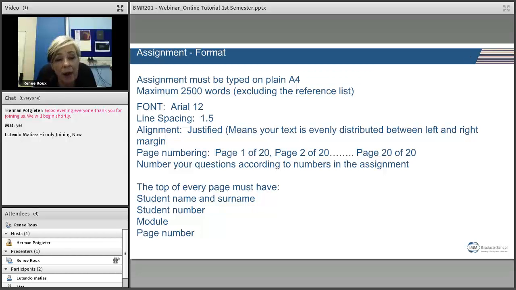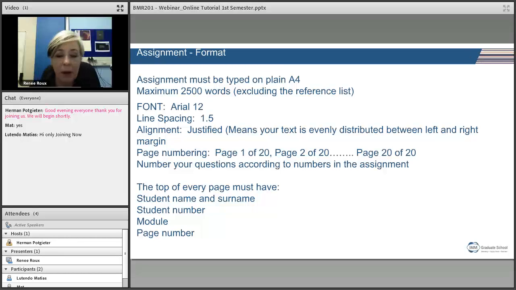Now, the 2,500 words is the ideal, and you have to keep in mind if your assignment is longer than 2,500 words, whoever marks your assignment has the right to stop marking at the end of 2,500 words. So try and stick to it. I don't know who's going to mark the assignments, but to be on the safe side, try and stick to it. Your font, use Arial 12 with a 1.5 line spacing, and make sure that your alignment is justified.